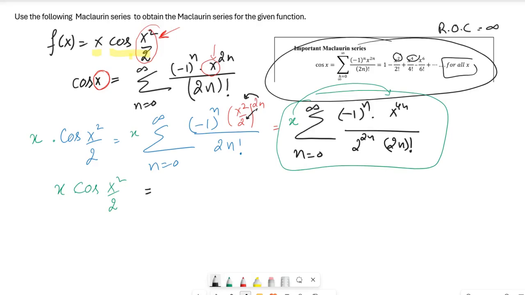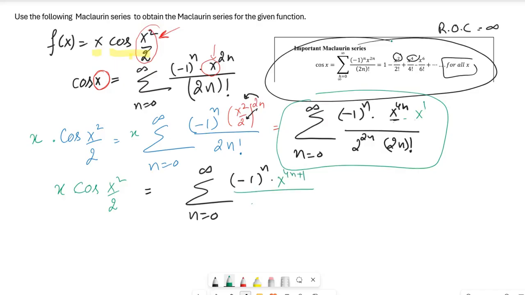What will that be? Sigma n from 0 to infinity, negative 1 power n. This x multiplies with x to the power 4n. Bases are the same, so the powers will add: x to the power 4n plus 1, divided by 2 to the power 2n times 2n factorial.